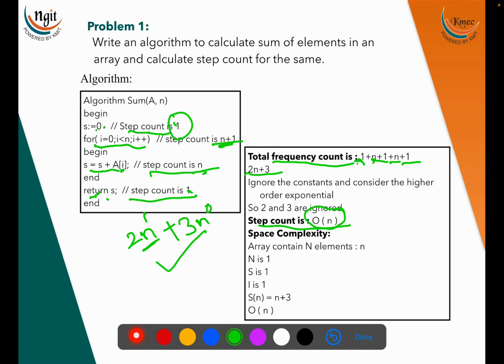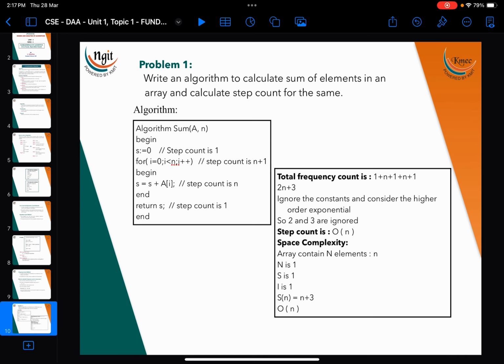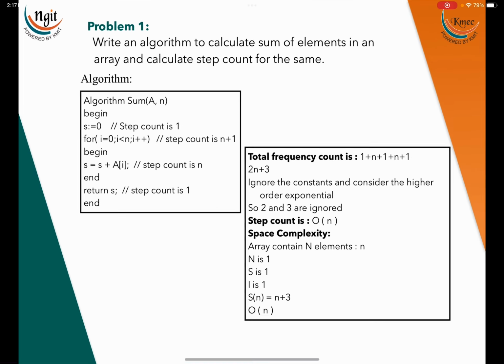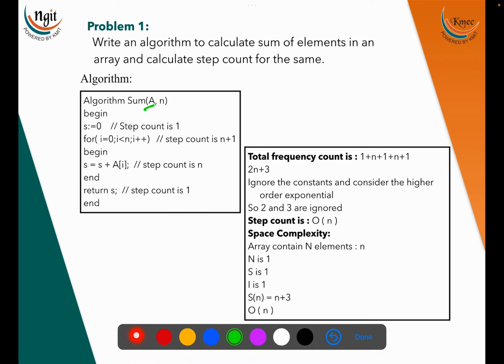Now the space complexity: the array contains n elements, so we require n spaces to store them. Next, n is 1, s is 1, i is 1. Finally S of n, the space complexity, is n plus 3. This n plus 3 comes from C plus Sp.